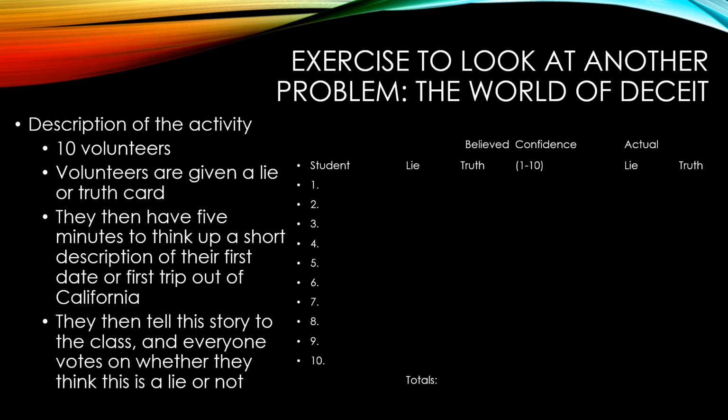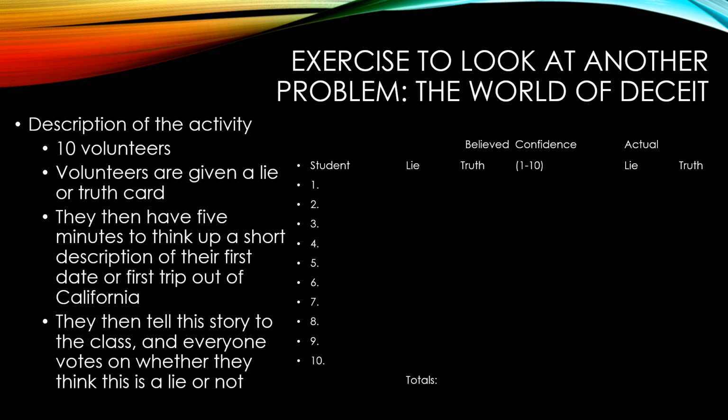Usually, when we're not very good at it, we're also simultaneously really bad at being accurate in our confidence of how sure we are about whether or not somebody's lying or telling the truth. There's essentially almost no correlation when we do this between people's confidence and whether or not they're accurate in their perceptions of whether or not people are telling a lie or the truth.